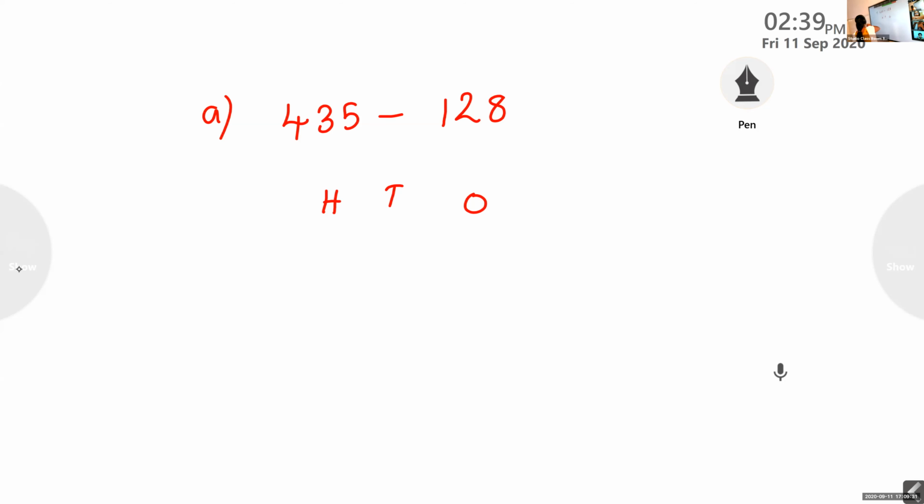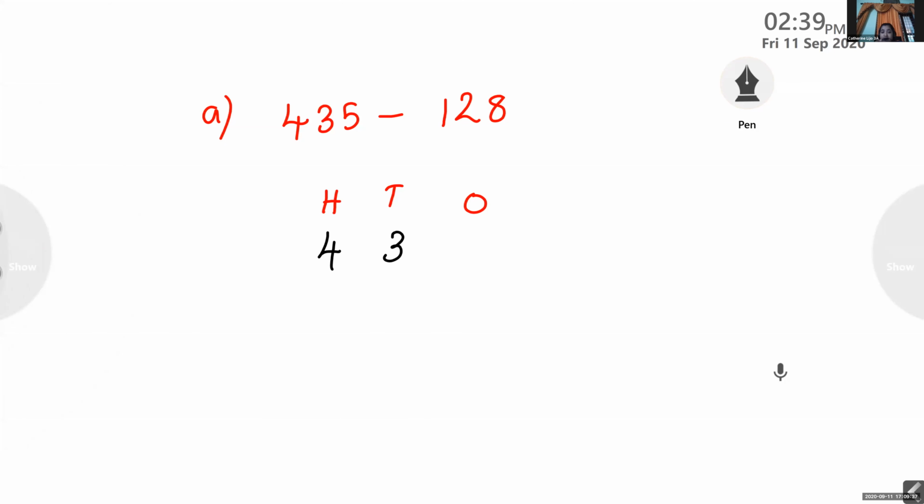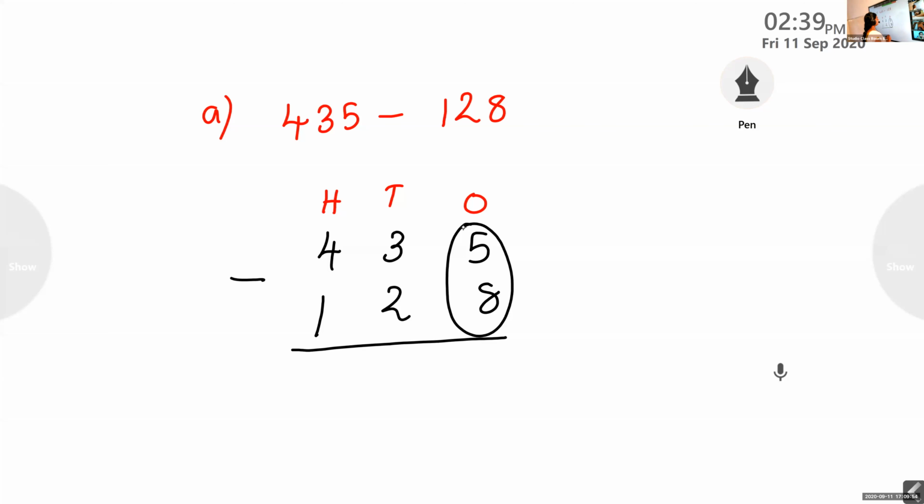Here the first number is 435, minus 128. Dear children, we are going to subtract now. Subtraction should start from which place? Ones place. Here 5 and 8 are the ones place digits. 5 minus 8.